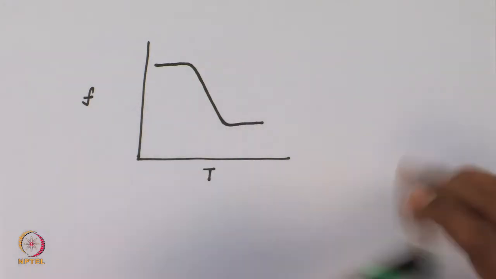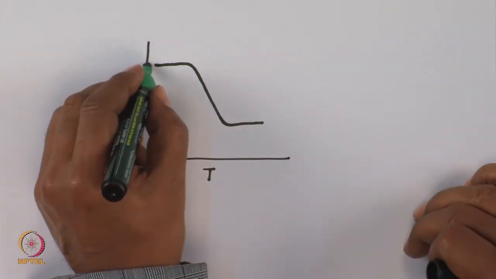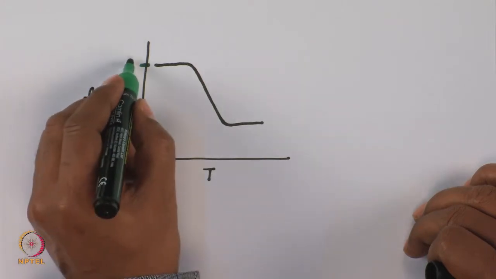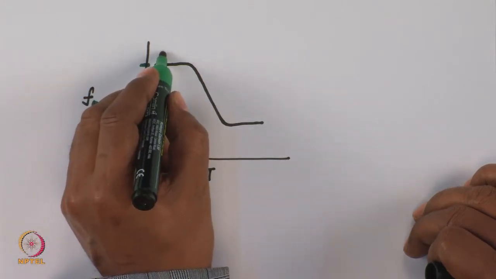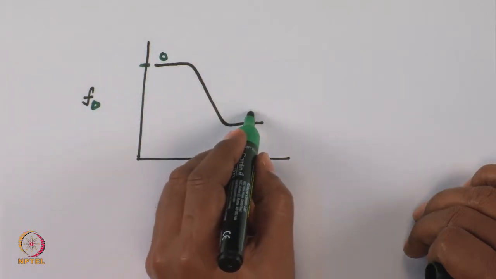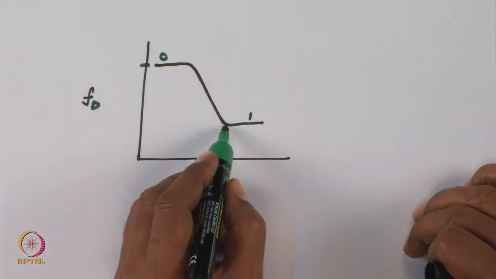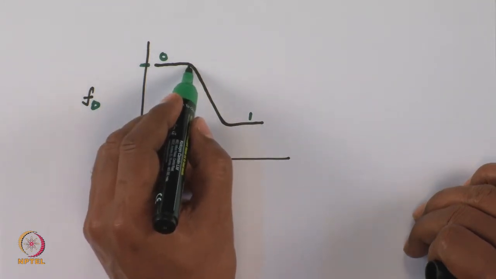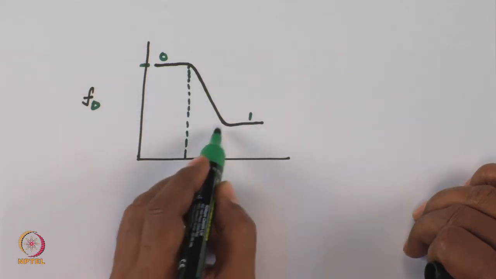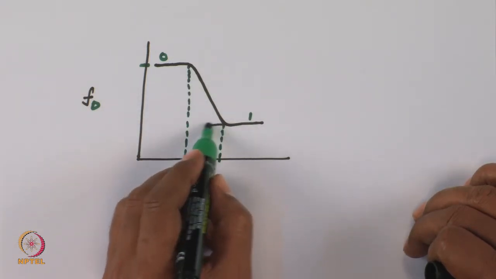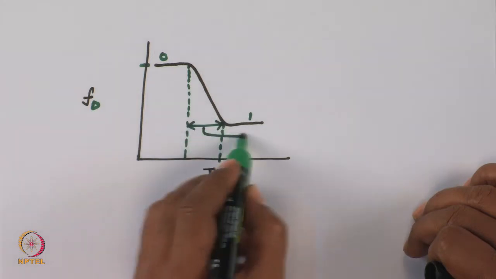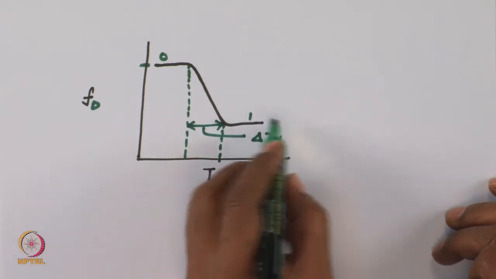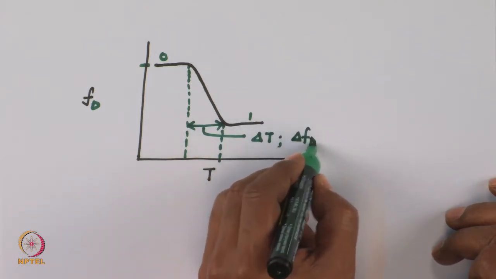If I take this as the fraction of denatured state, the fraction of denatured state will be 0 over here and 1 over here. So, if I choose only this region and take this as delta T, the corresponding delta Fd is equal to 1.